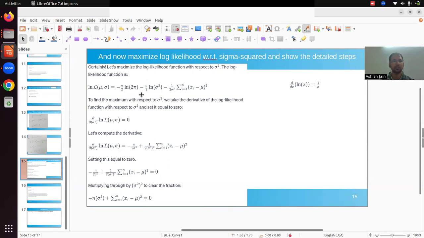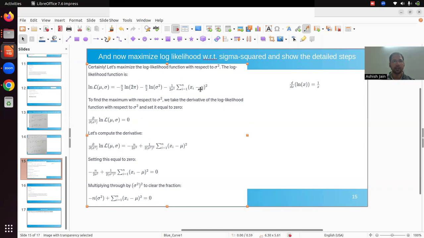This will become 0. Then, as you can see, the derivative of ln x is equal to 1 by x, so this would be minus n by 2 multiplied by sigma squared.